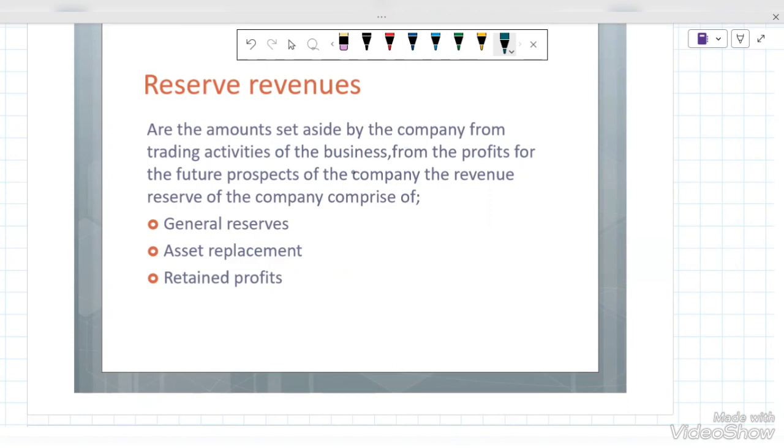Like if in the future the company wants to expand, or wants to purchase a fixed asset which may be necessary for the company's growth.